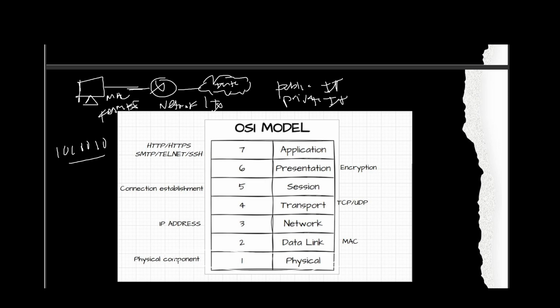And then for the transport layer, TCP and UDP are the common transport layer protocols that we have. We're not going to deep dive on this one, but just review it. TCP is a connection-oriented protocol, while UDP is connectionless.